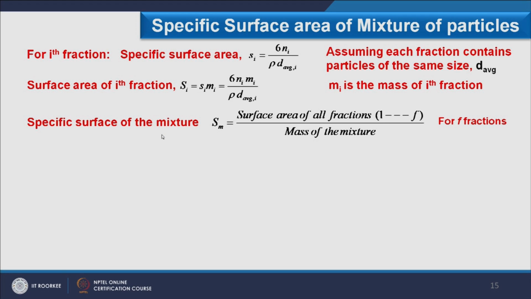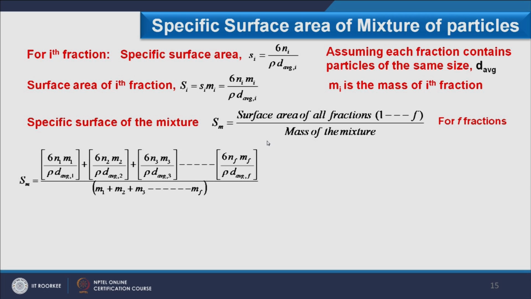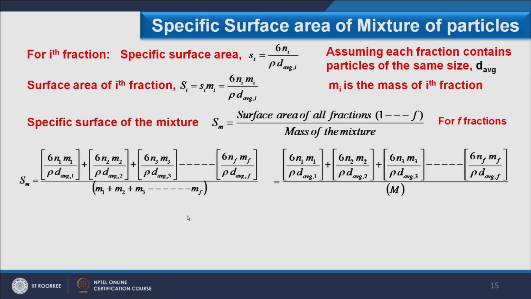Specific surface area of the mixture, which we have denoted with Sm, is equal to surface area of all fractions 1 to f divided by mass of the mixture, where I am considering total f fractions. So, this is the expression where 6 Ni Mi by rho D average i we have written for each fraction, and similarly we have counted the mass of each fraction to calculate total mass.